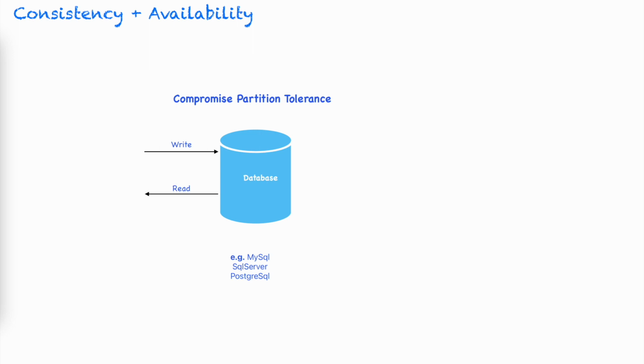The database system should be able to handle any node failure. But in cases where we are looking for consistency and availability, we can have only single-server databases. Examples are MySQL, Postgres, and SQL Server. These are the traditional databases which have this feature, consistency and availability.